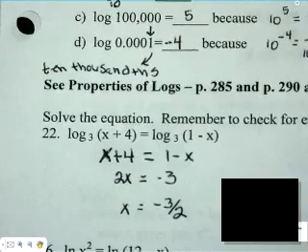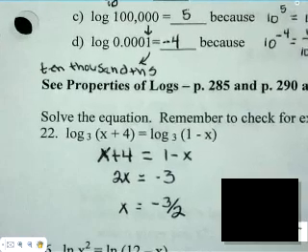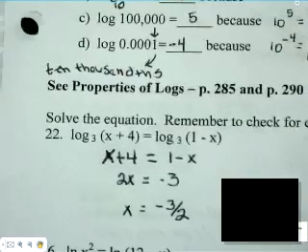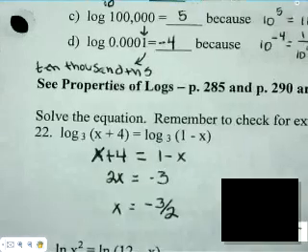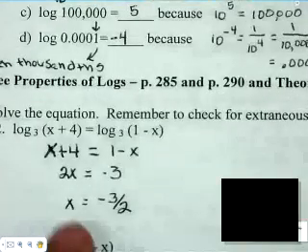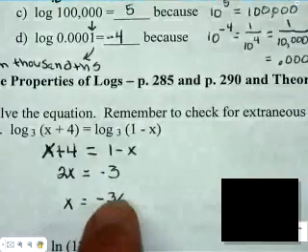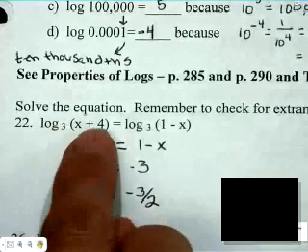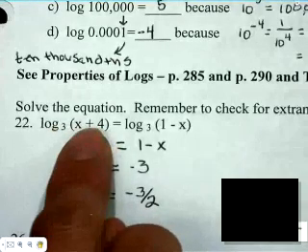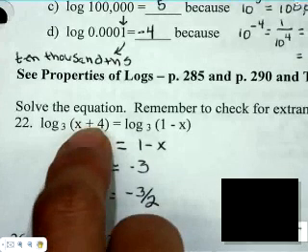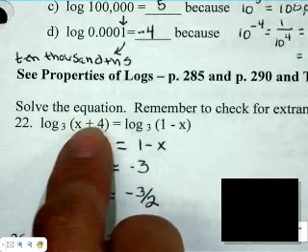I think -3 halves is correct. I don't think I've made a mistake, but I have to check for extraneous solutions. Well, if I let x be -1.5, what is log base 3 of (-1.5 plus 4)? What's -1.5 plus 4? 2.5.